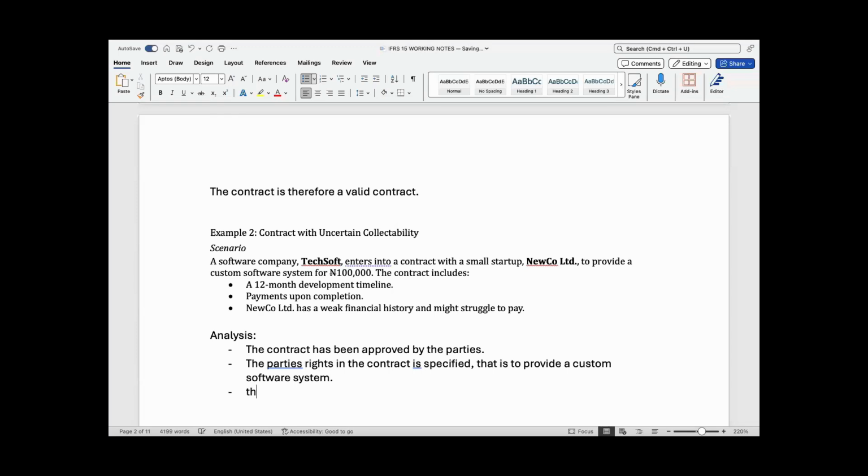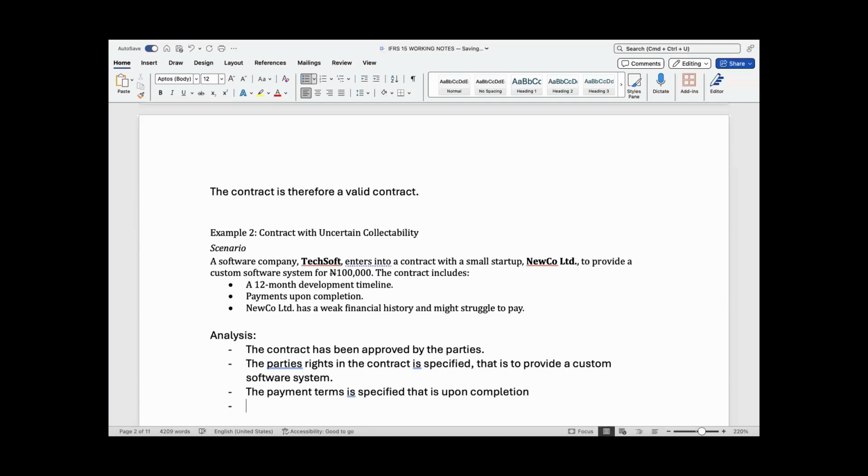Also, the payment terms are specified, that is, upon completion. We were told in the contract that payment will be made upon completion.